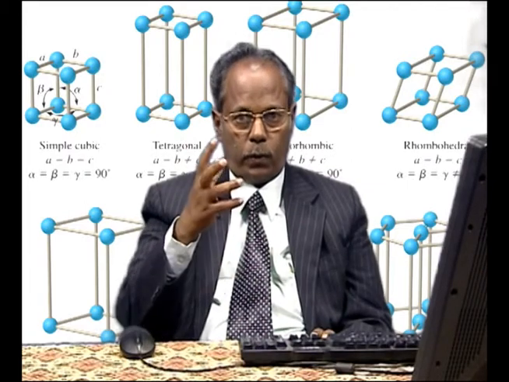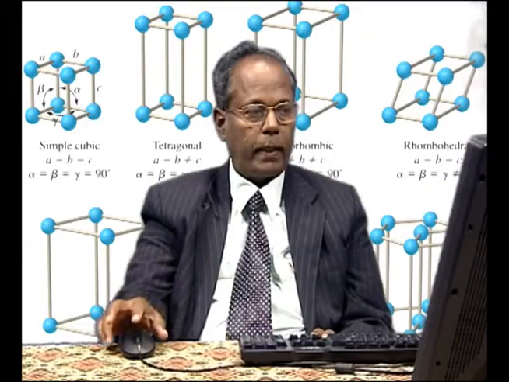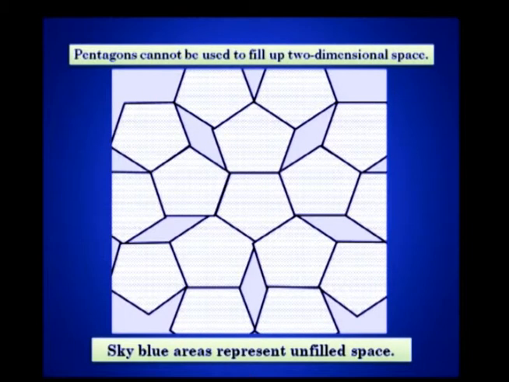So, if you have an individual pentagon, remember the important point is, an individual pentagon, with this as the axis which is perpendicular to the plane of the diagram, with this center, I can rotate this individual pentagon through what angle? 360 by 5, because it has got 5 sides.